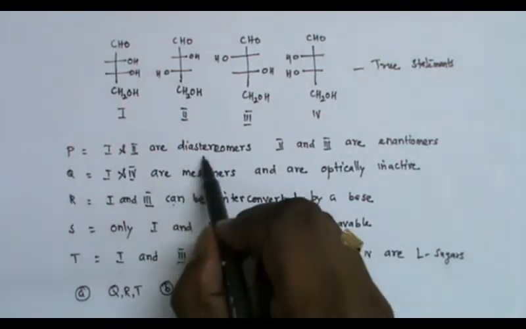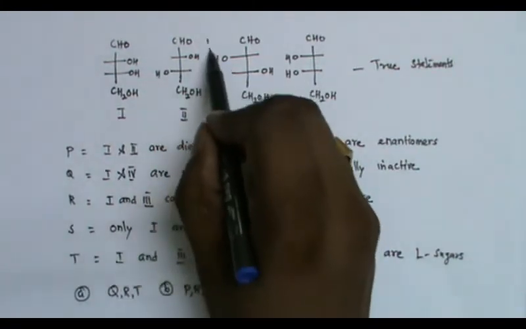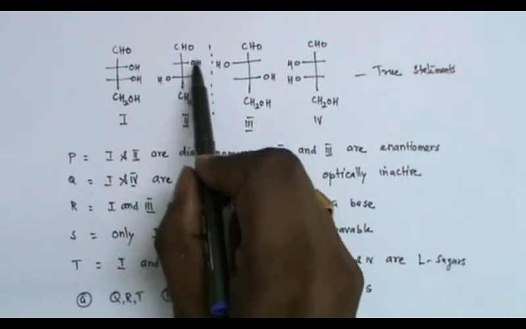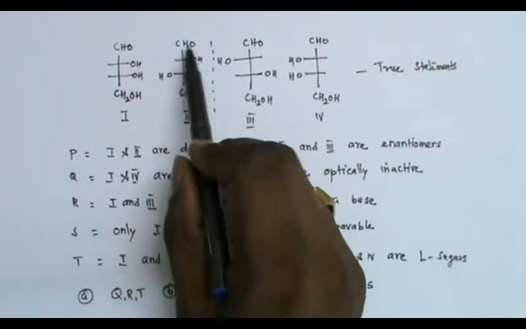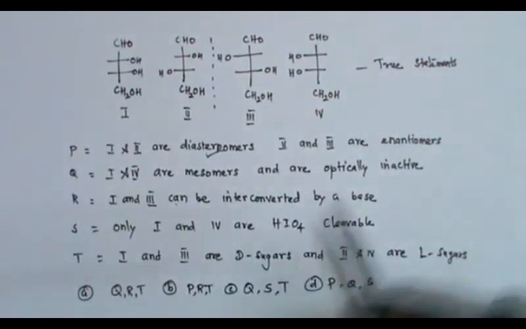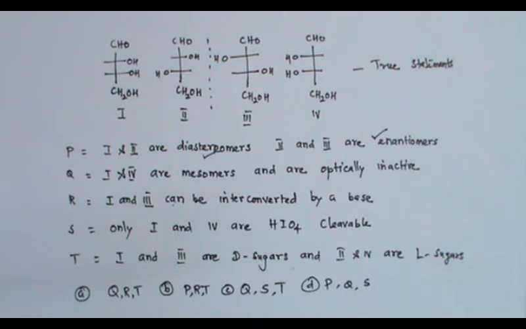So this statement is correct. Second and third are enantiomers. You can see here OH, OH, CH3, CH3, CH2OH, CH2OH, CHO, CHO. Second and third are enantiomers, so that is correct. So statement P is a true statement.